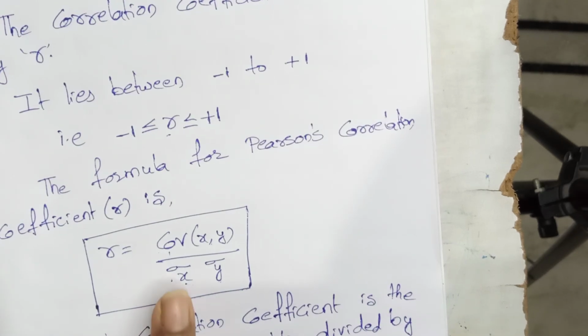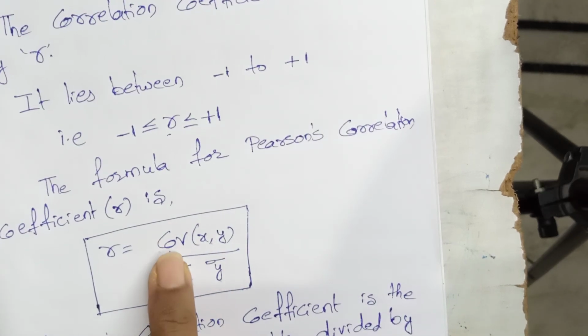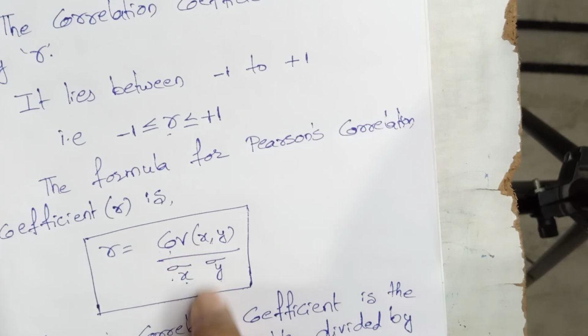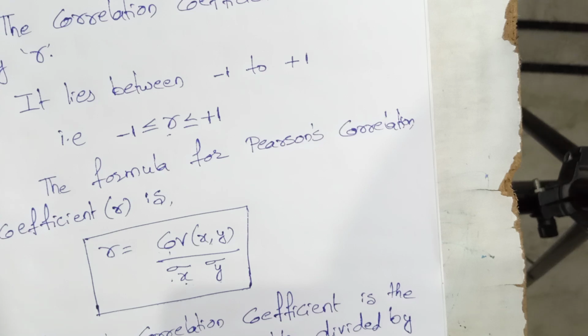Now we have learned the formula of correlation: covariance of x comma y divided by standard deviation of x into standard deviation of y. So R of x comma y equals covariance of x comma y by standard deviation of x into standard deviation of y.